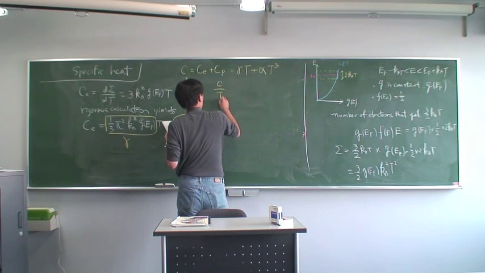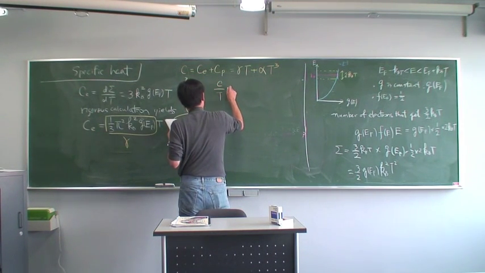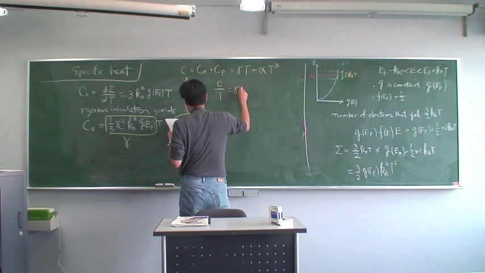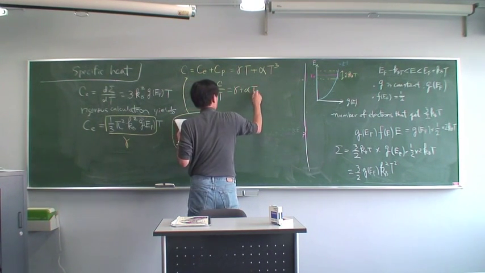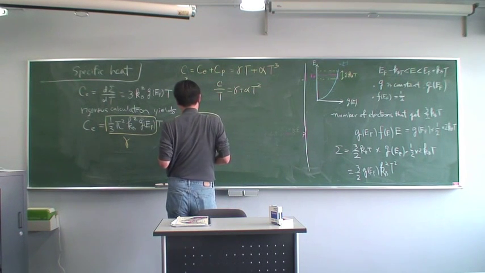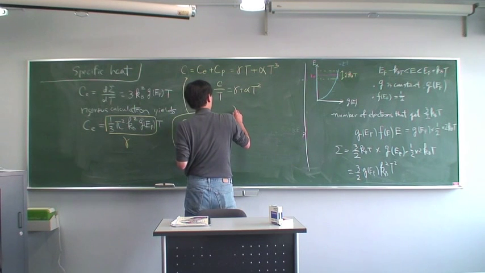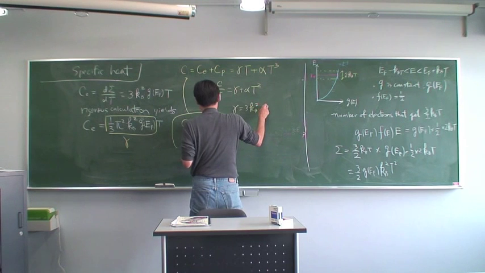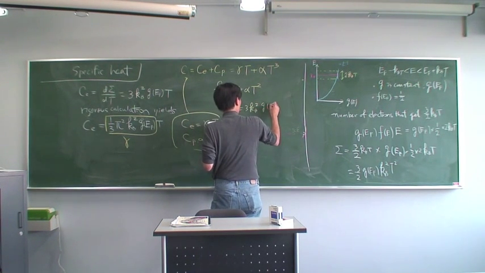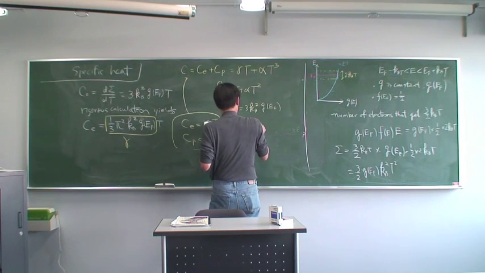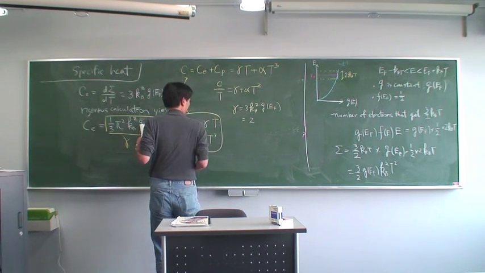So people very often write C over T equals gamma plus alpha T squared. And here gamma is 3 kB square G EF.